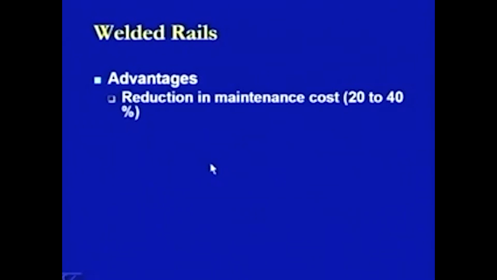There are the jerks induced due to those joints, and there is a requirement of removal of the components provided at the joints because of the continuous wearing of those components. In all such cases, maintenance cost is involved, whereas as soon as we have welded the joint, there will be a reduction in the maintenance cost, and this amounts to something like 20 to 40% of the total amount.